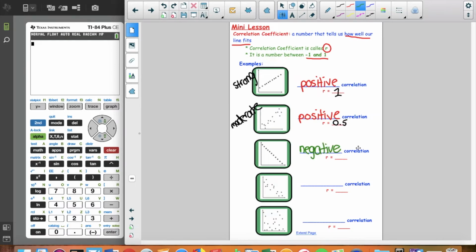Now, when it goes down, R is going to be a negative value. So here, since the points are really, really close together, they look like they form a line, R would be -1. Let's look at the next example. Again, they're a little bit further apart, but it still looks like they form a line. Looks like we can kind of fit a line in the middle there, but it's still going down. Since it still is going down, our correlation is still negative.